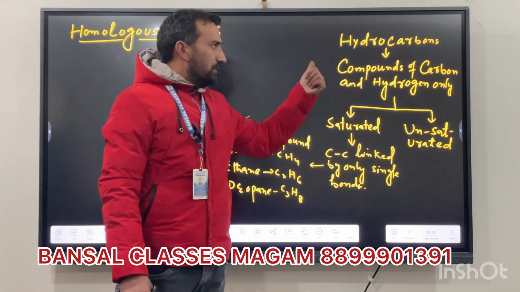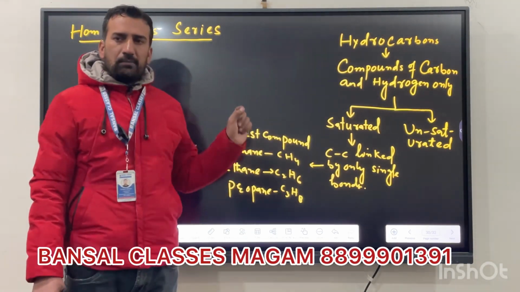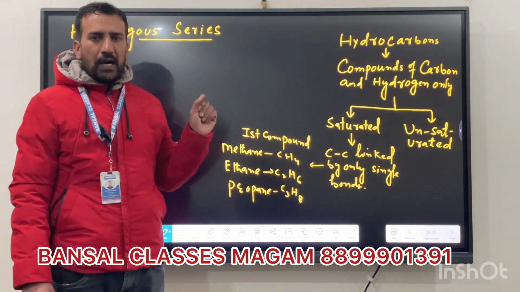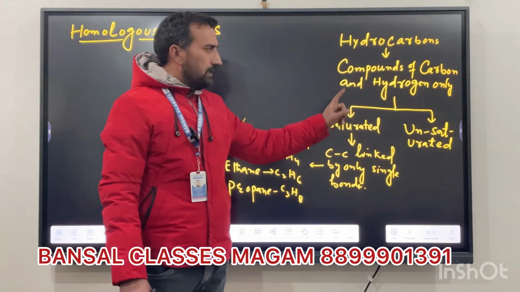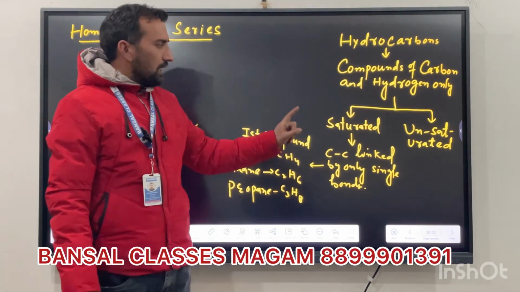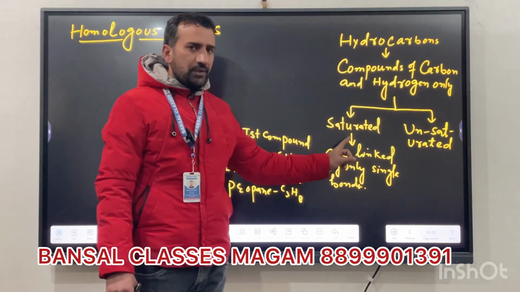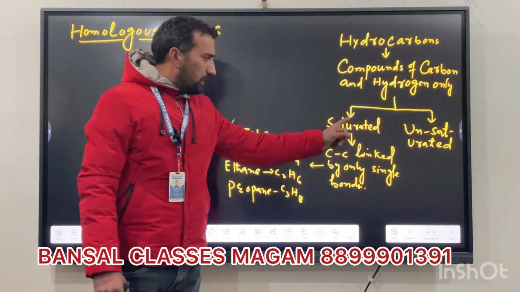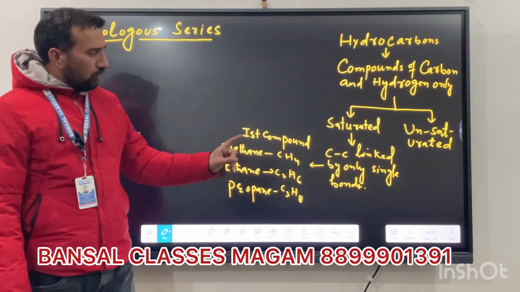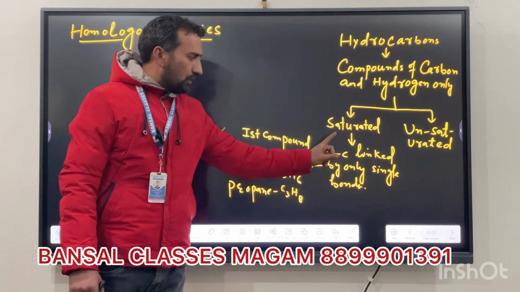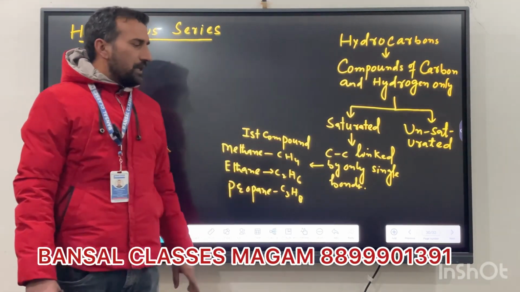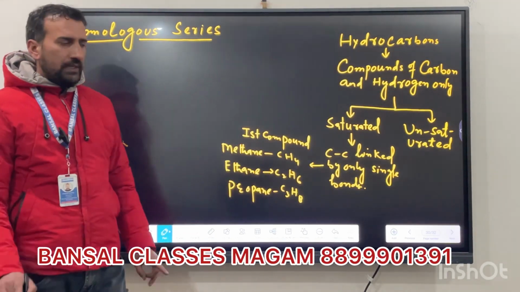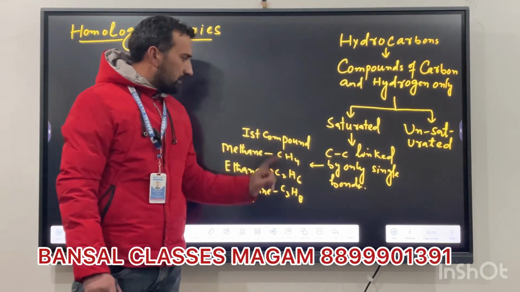Students, you know that hydrocarbons are the compounds of carbon and hydrogen only. These hydrocarbons can be classified into saturated and unsaturated hydrocarbons. As you know, saturated hydrocarbons are those hydrocarbons in which carbon and carbon atoms are linked by only single covalent bonds.